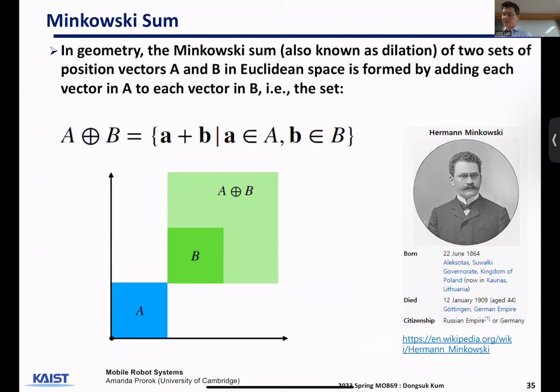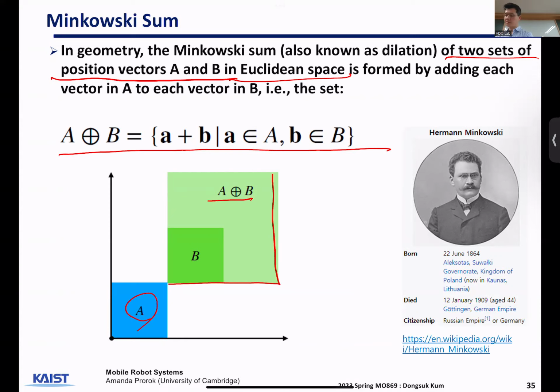For instance, the Minkowski sum of two sets of position vectors A and B in Euclidean space is formed by adding each vector in A to each vector in B. The visualization of that is you can sum the occupied space of A and put that on top of B, and that creates this space.